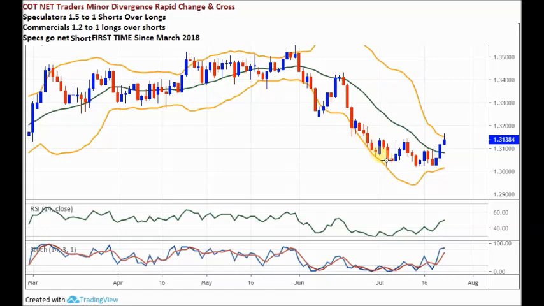And then, as we came below 131, they're going to get rid of all their shorts and go long. At the same time, the specs, who've been basically long the USD CAD since March 2018, have decided to go short, first time. Now, last time it happened, you had a move in favour of the commercials, and we're looking for that to happen again.